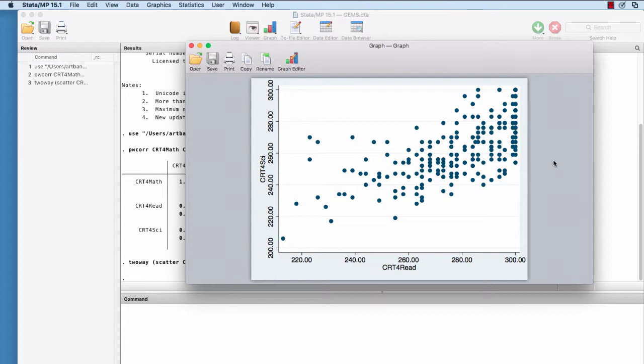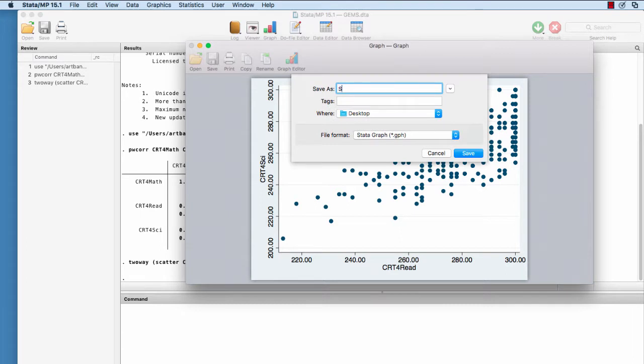And in previous videos, when we produced the histograms, we could see the data was negatively skewed in the sense that most of the data was falling in the upper end of the distributions for each of those variables. So I can go ahead and save that scatter plot for future reference.